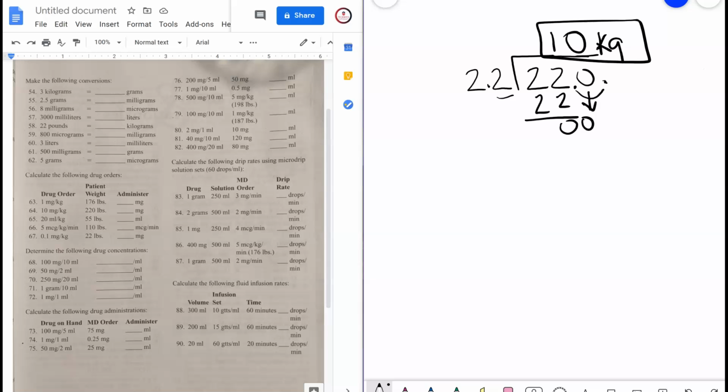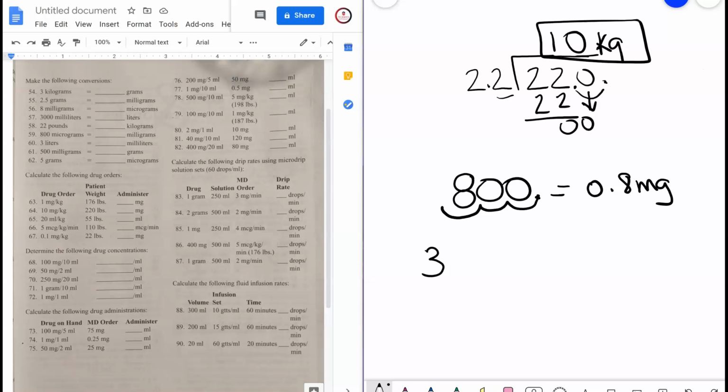Okay, 800 micrograms. Here's your decimal point, and you want to make it milligrams. So you're going to make it a little bit smaller, or you're going to be moving this way. So 1, 2, 3. So 800 micrograms is 0.8 milligrams. 3 liters, you want to make it milliliters.